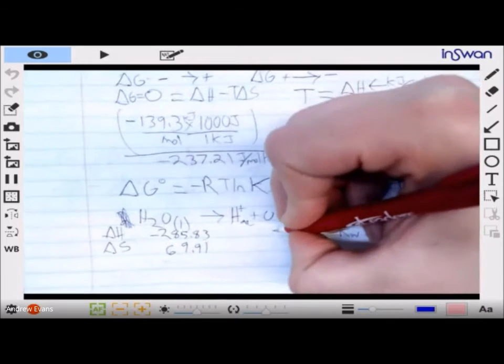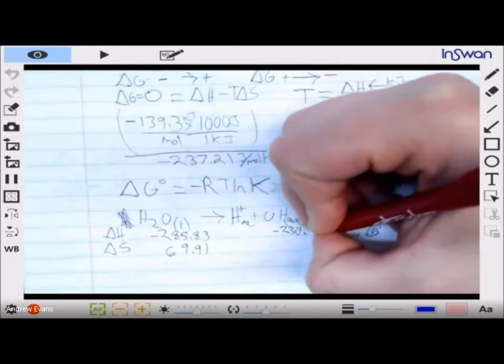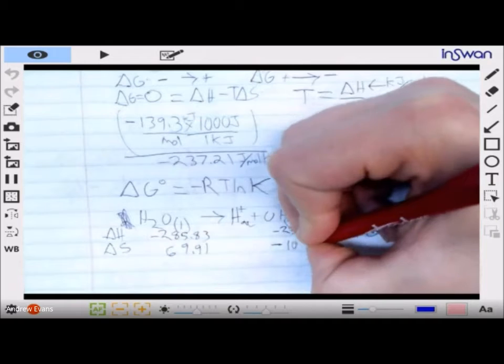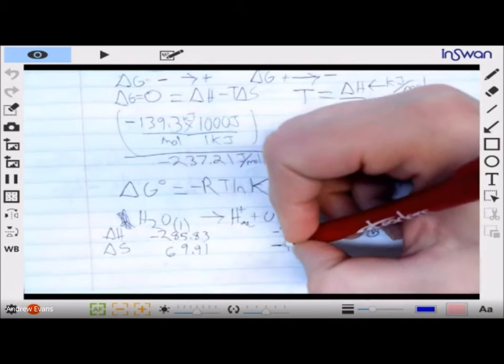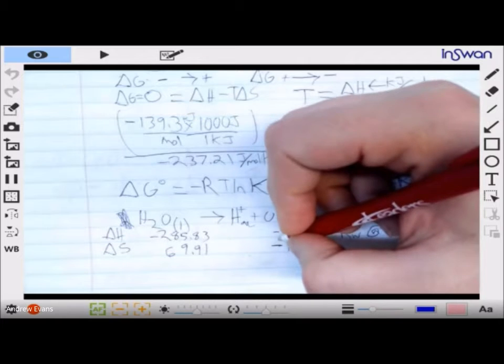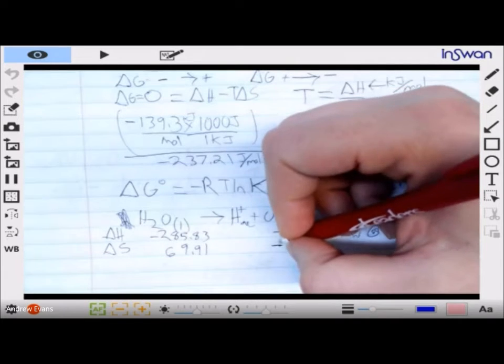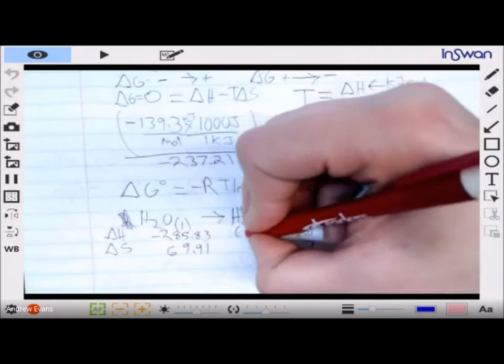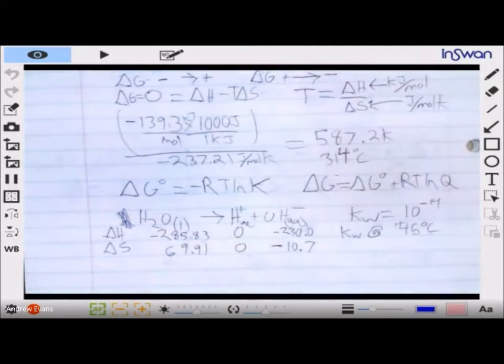OH minus is negative 230 and S is negative 10.7. Then H plus, if I remember right, is pretty easy. H plus is going to be 0. We've artificially set this as 0 and 0.